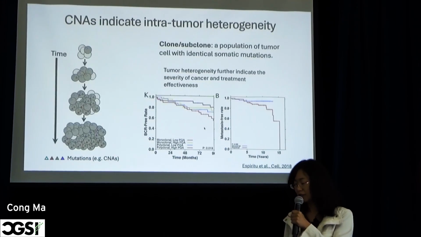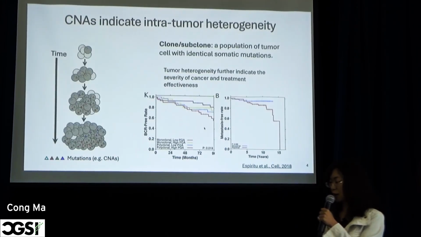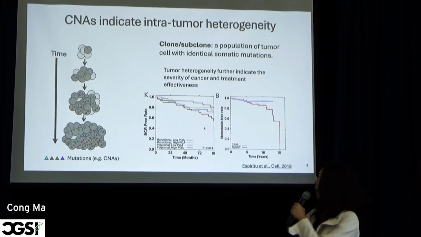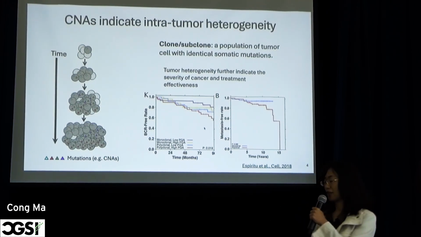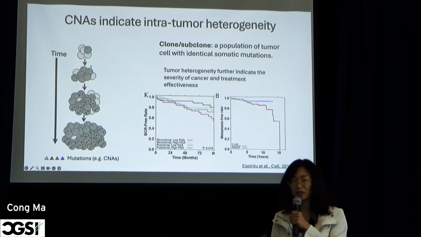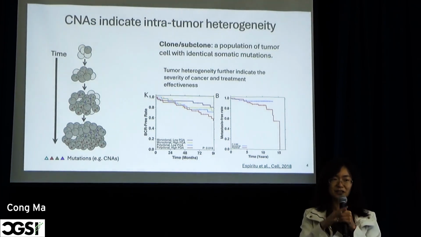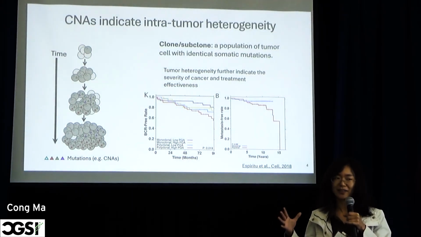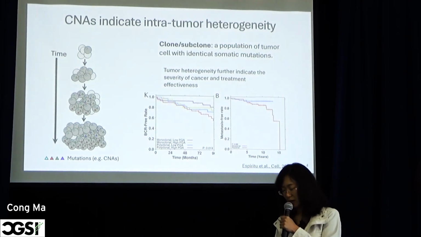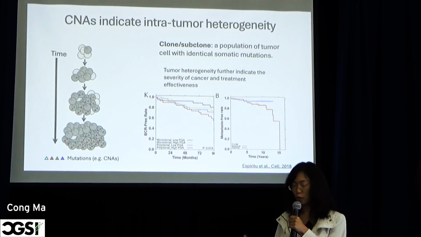More importantly, copy number aberrations also indicate intratumor heterogeneity. We hear of intratumor heterogeneity a lot, but what it means is that in tumor evolution, the tumor doesn't directly grow to its current stage, but instead gradually evolves and gets more and more severe.